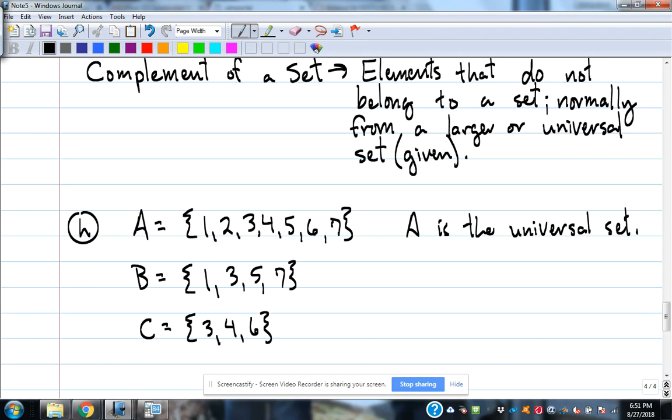We're going to answer several questions that tie everything we talked about with sets in this particular section together, and then tie in the complement idea with it as well. Question number 1: is B a subset of A?